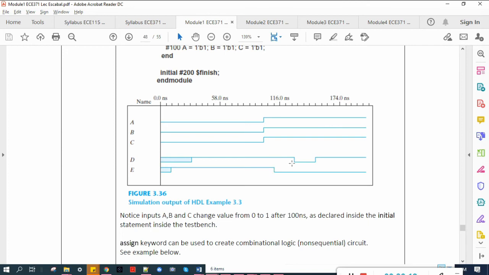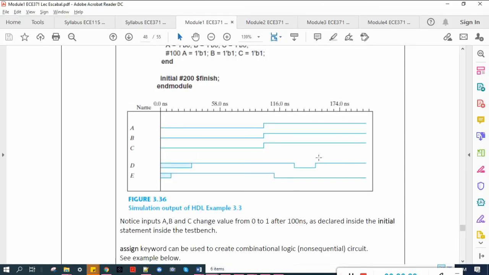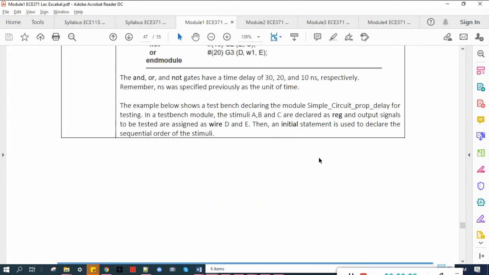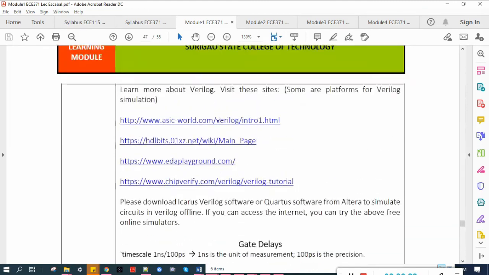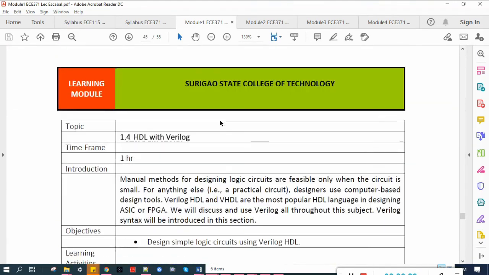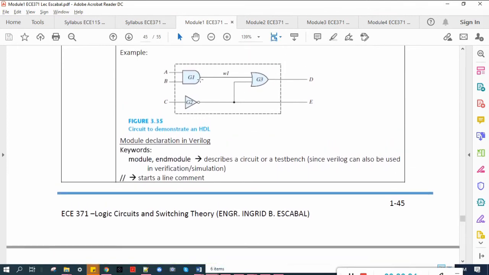If you ask what happened here to our D, it is because of the delay that we have added to the gates.